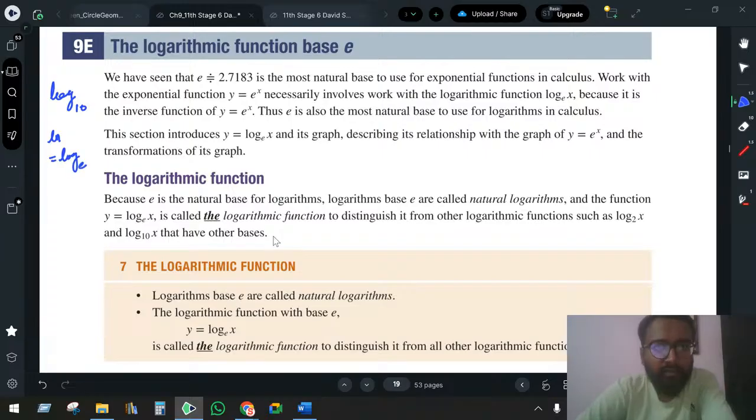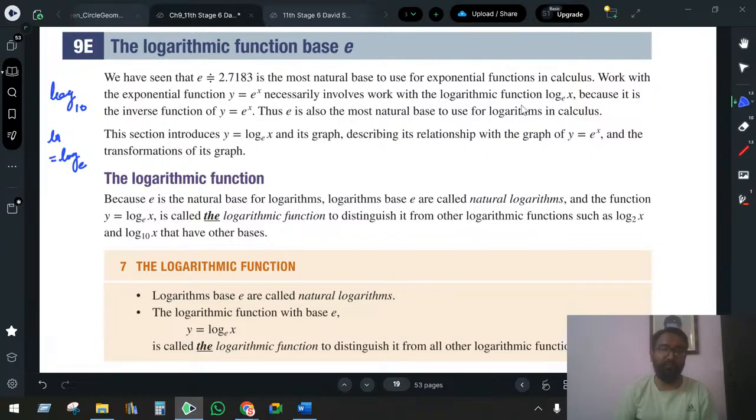So I'm reading the first paragraph. We have seen that e, approximately 2.7183, is the most natural base. In general, we will take e only. That is the most natural base to use for exponential functions in calculus. Working with the exponential function y equals e power x necessarily involves working with logarithmic functions, because both are related.